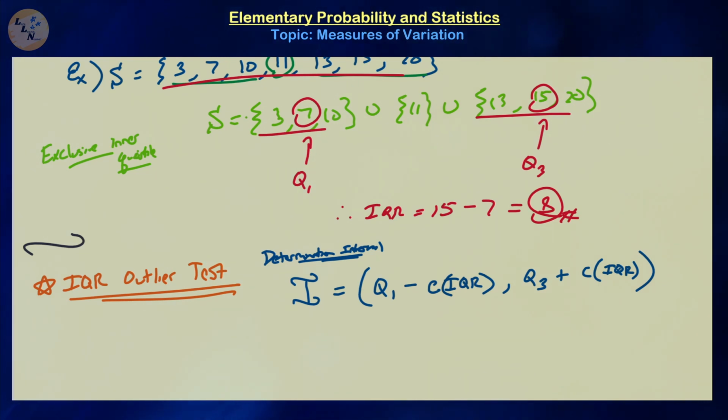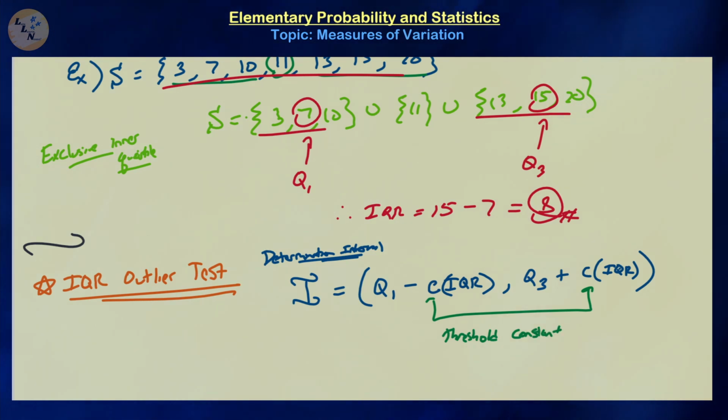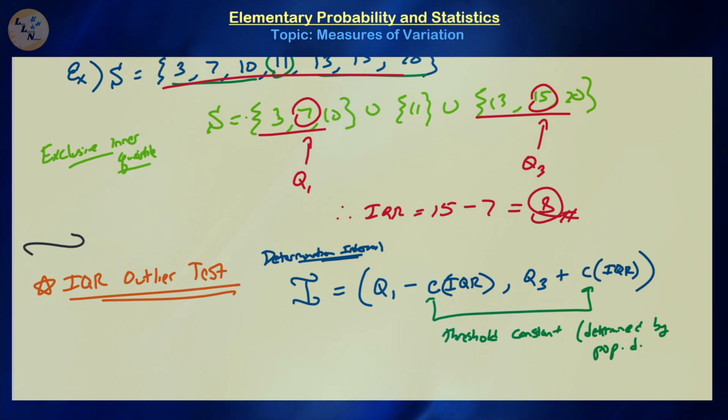And this C number is what we call a threshold constant, or a sensitivity constant is another word. It's determined by the population distribution.